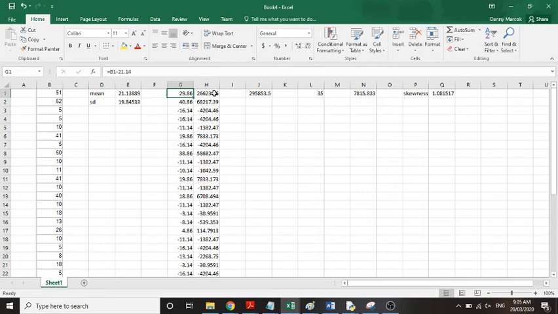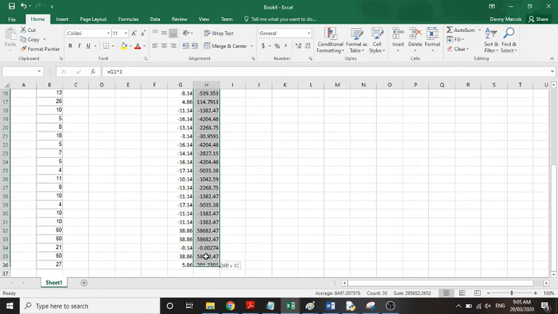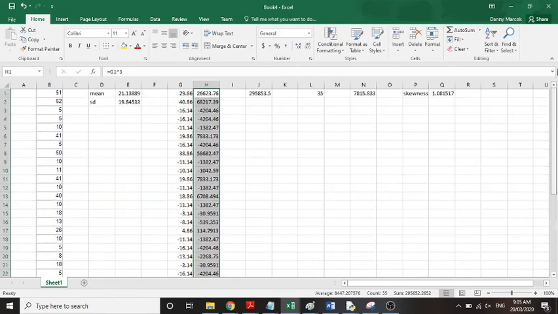This line here is this value cubed, and then this value is the sum of those values cubed. And then once we've got that, this is our n minus 1, so 36 minus 1, as we've got 36 numbers in the sample.